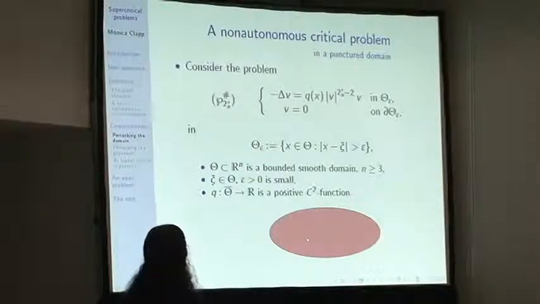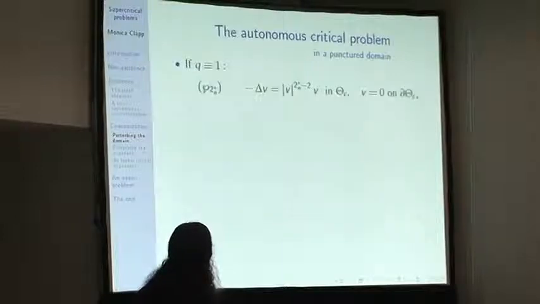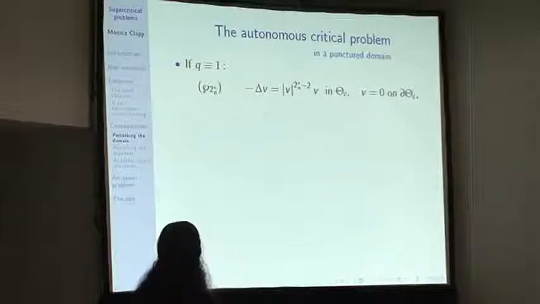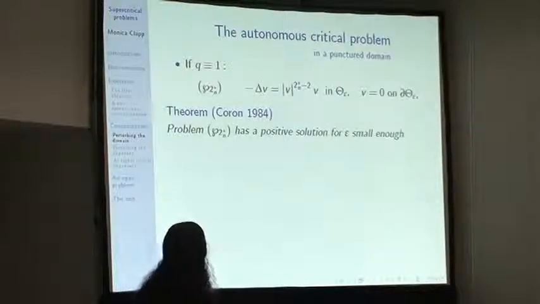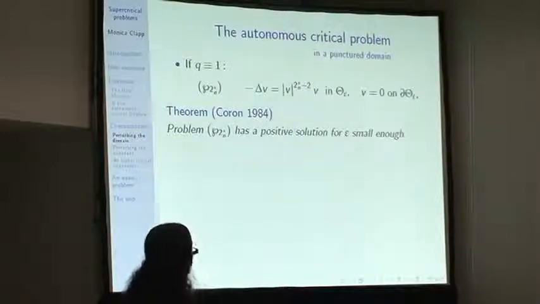Well, I should get solutions because, you see, in the case when Q is identically 1, the function equal to 1, so for our original problem, one has a very beautiful classical result due to Coron. Coron proved that in this case, if epsilon is small enough, the problem has a solution.